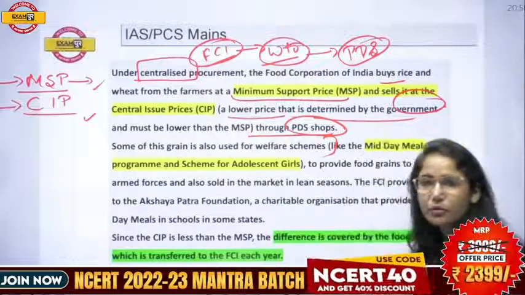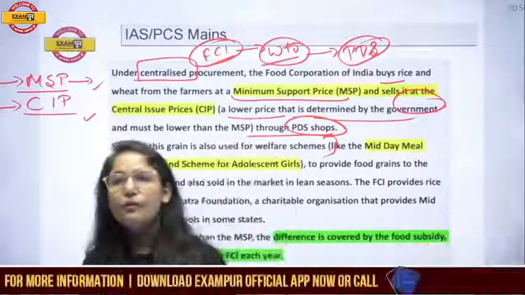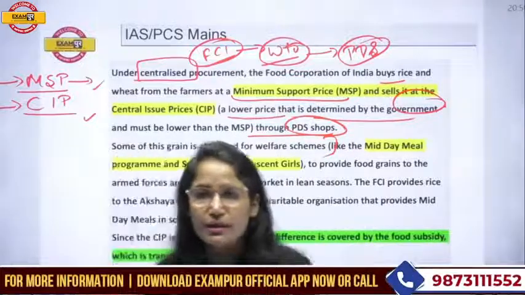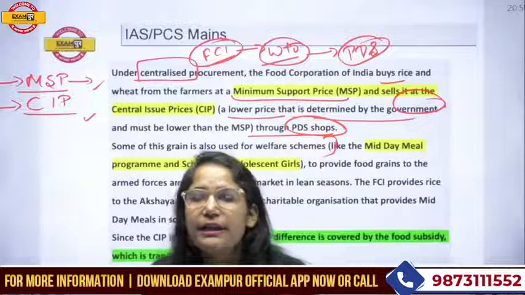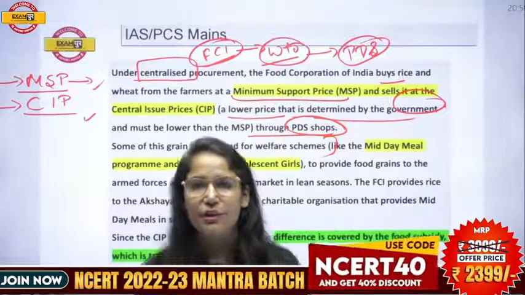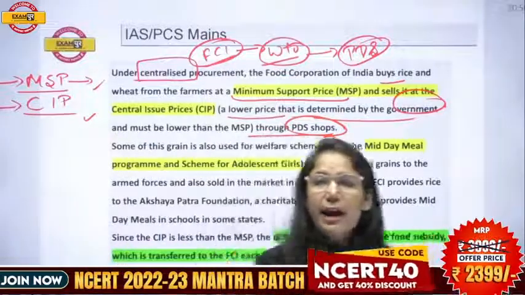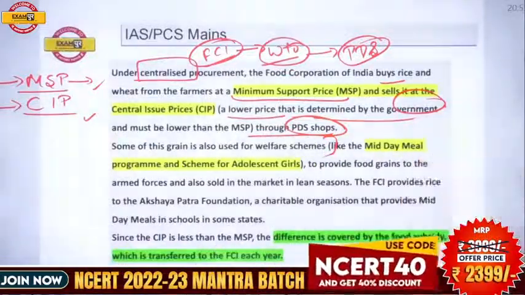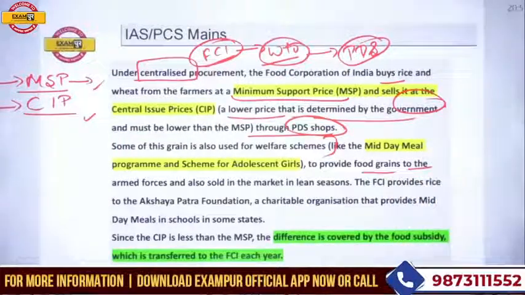Yesterday I was talking about security when I was explaining universal income insurance. We were including parameters: income security, health security, food security. Under food security, PDS plays an important role in that domain. To provide the food grain to the armed forces, some are also sold in the market in lean.